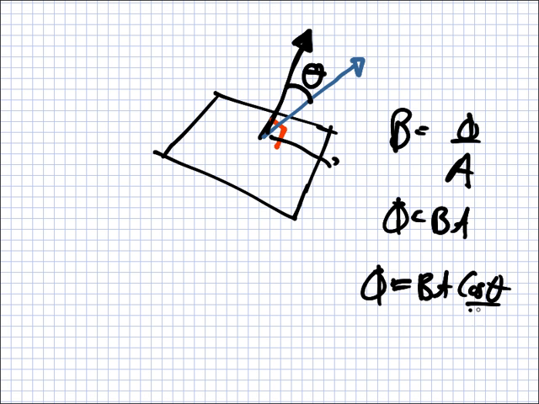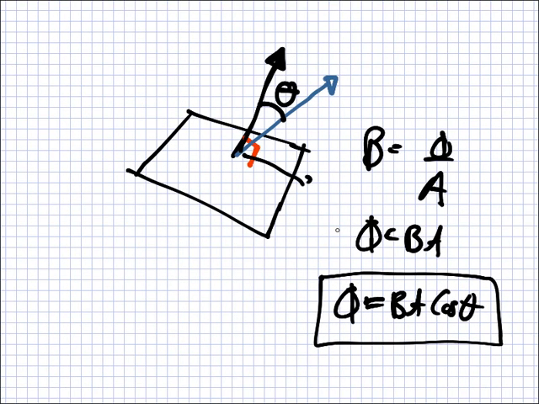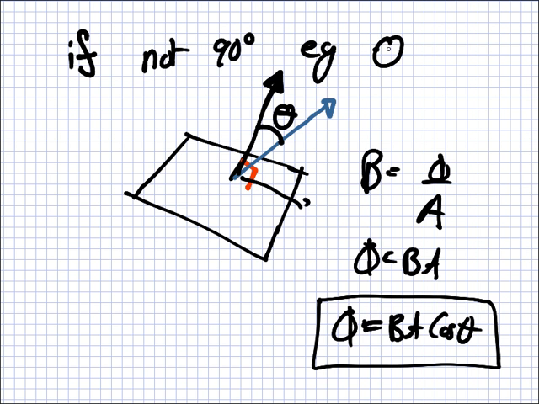So if theta was 90, it goes back to being just BA. Okay. So I think this is clear enough. Just before I continue, it wouldn't be a bad idea if you add this to your notes. So this is if not 90 degrees, e.g. theta degrees, so we use this formula. This is the normal.